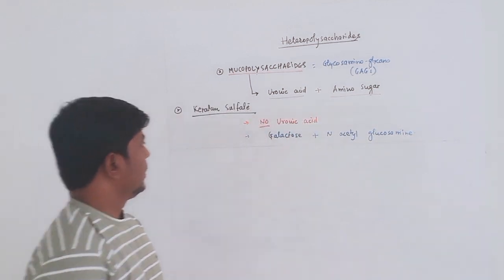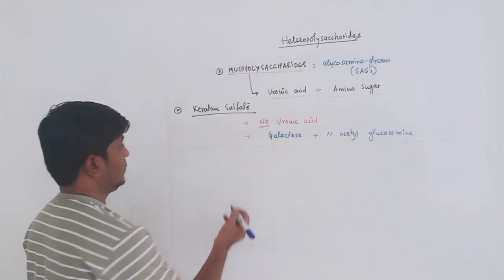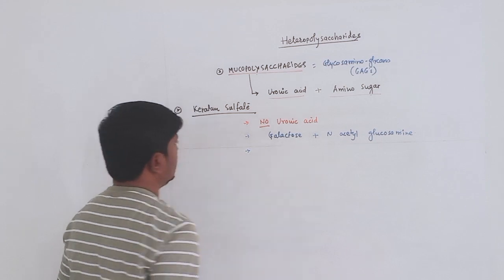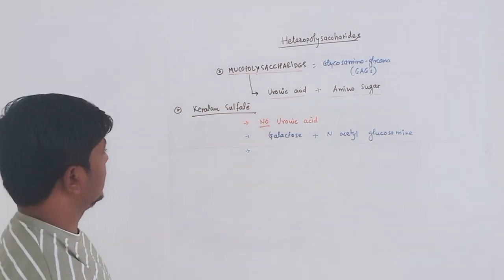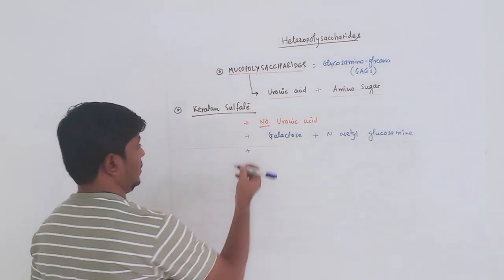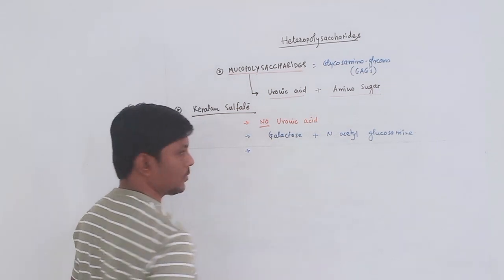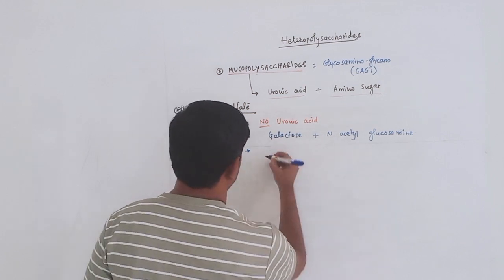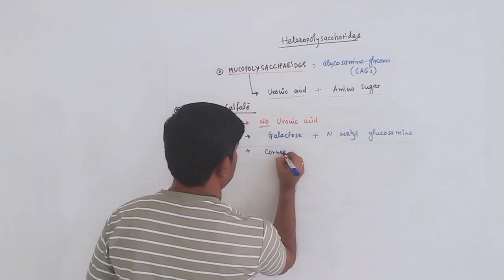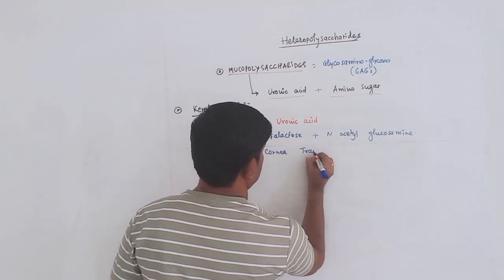The main function of this keratan sulfate is to help keep the cornea transparent.